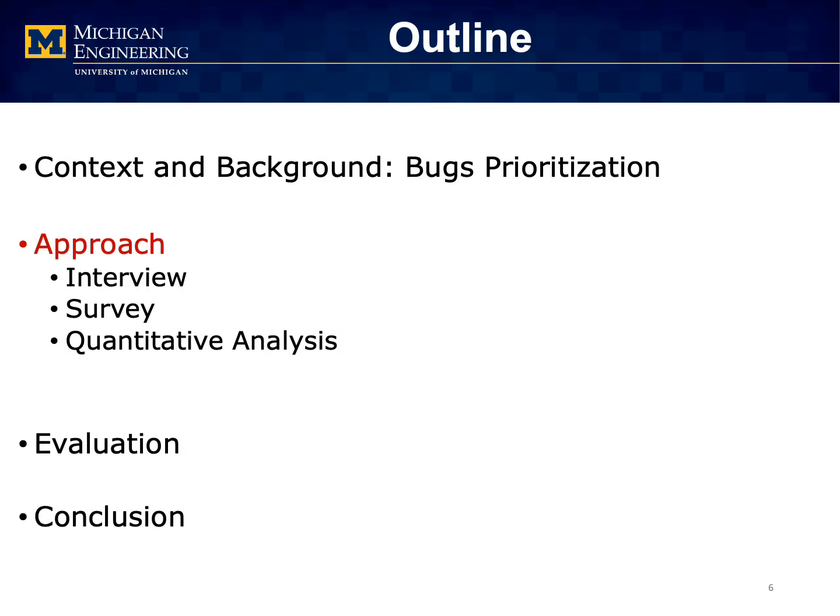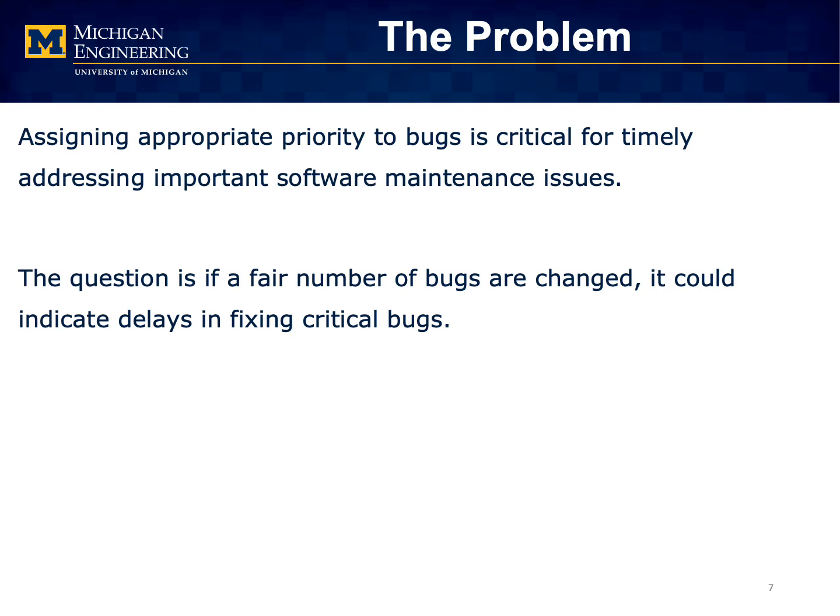In the approach, our approach has three different steps: the interview process, the survey, and quantitative analysis. The problem: as all software engineers know, assigning appropriate priority to bugs is very critical because developers need to timely address the most important software issues.